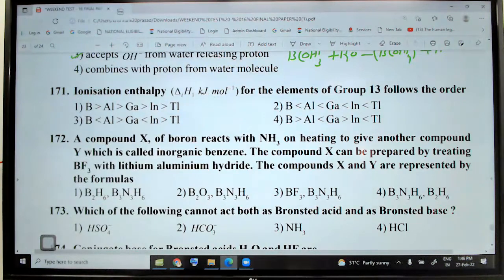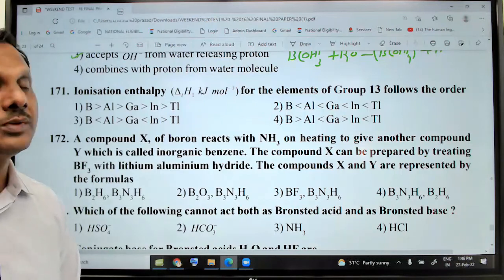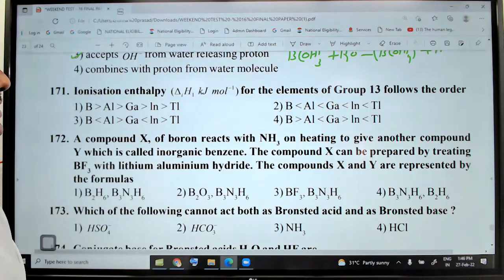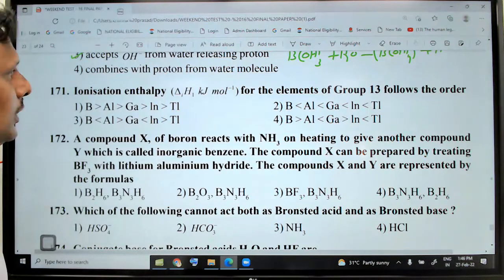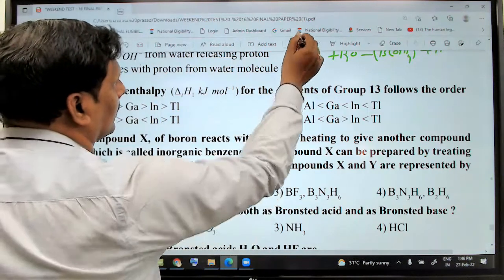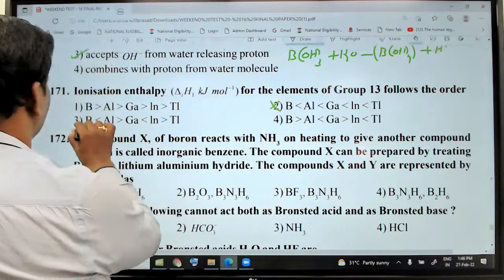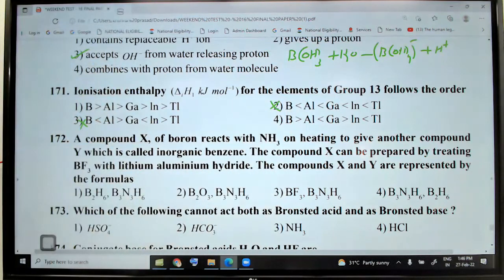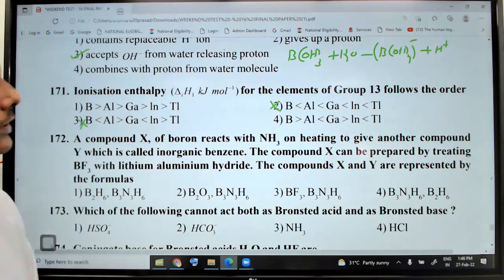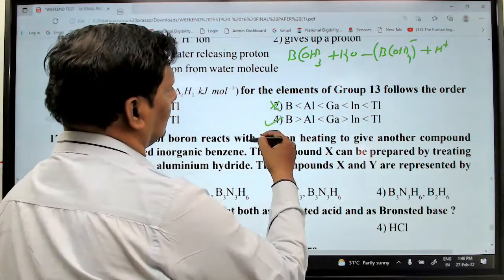Right, okay. Ionization enthalpy of the group 13 elements. Which has the highest? Boron. So boron means these two options are incorrect. After boron, whose is highest? Gallium's. That means boron, gallium, indium. This is the correct statement.